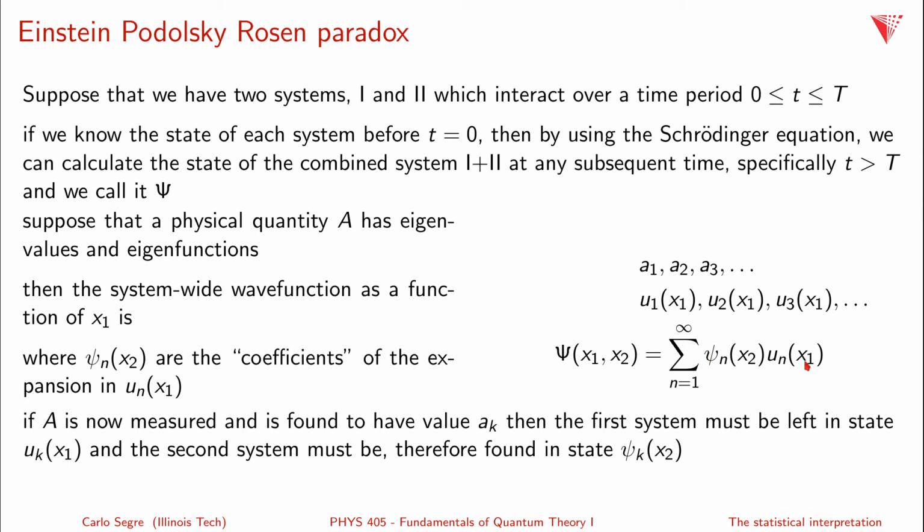So by measuring x1, I also impose something on x2. I impose this particular value of this coefficient. So the combined state, after measuring and getting an eigenvalue A sub k for this operator A, is equal to psi sub k of x2 times u sub k of x1.